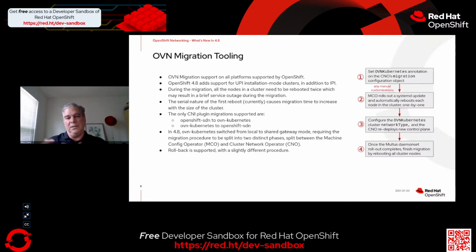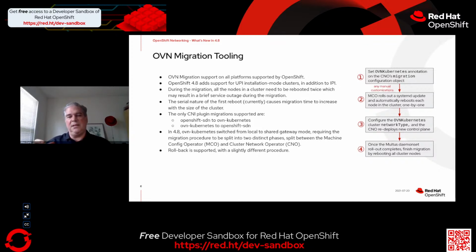Typically what people will do to mitigate that is schedule this during the maintenance period. The graphic on the right outlines in a little more detail the procedure for the migration, and this is also going to be in the 4.8 documentation. Also recognize that this is for going from OpenShift SDN to OVN-Kubernetes, but there is a similar, different but similar, process to roll back if you ever needed to do so.